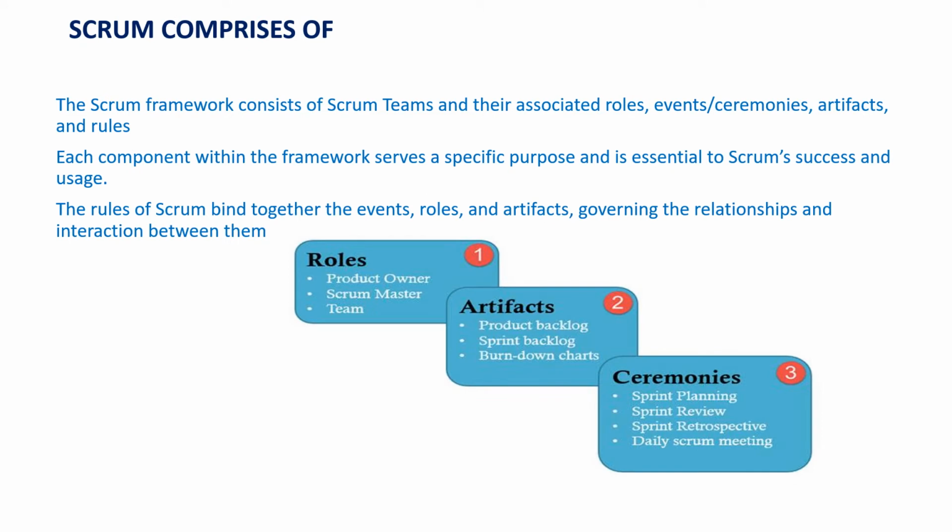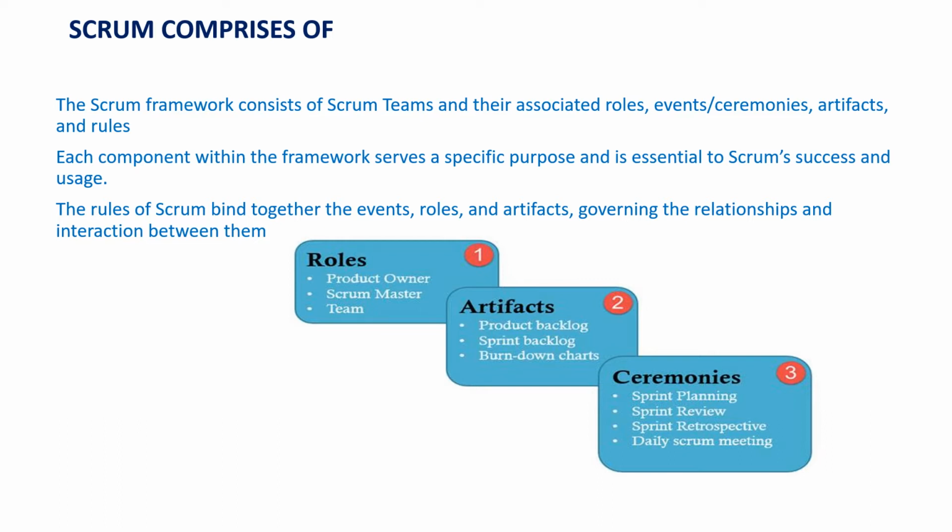The Scrum framework consists of the Scrum team and the associated roles: product owner, Scrum master, and development team, which together is called a Scrum team. Artifacts: product backlog, sprint backlog, burn down charts. Ceremonies or events: sprint planning, sprint review, sprint retrospective, daily Scrum meeting.